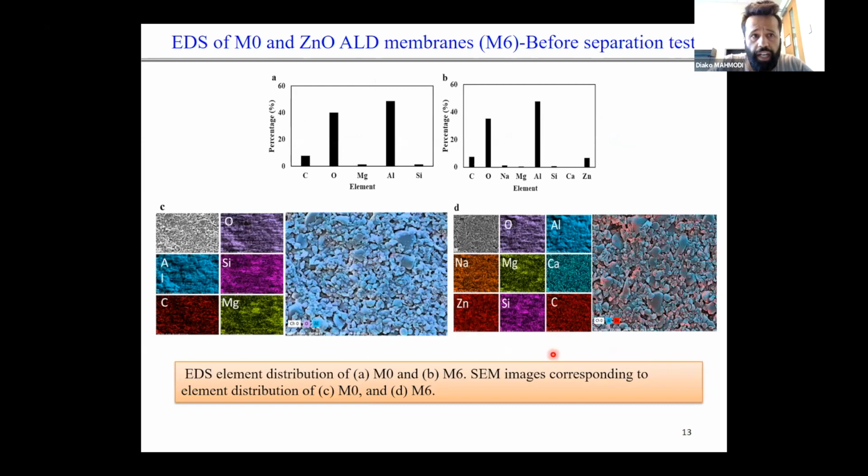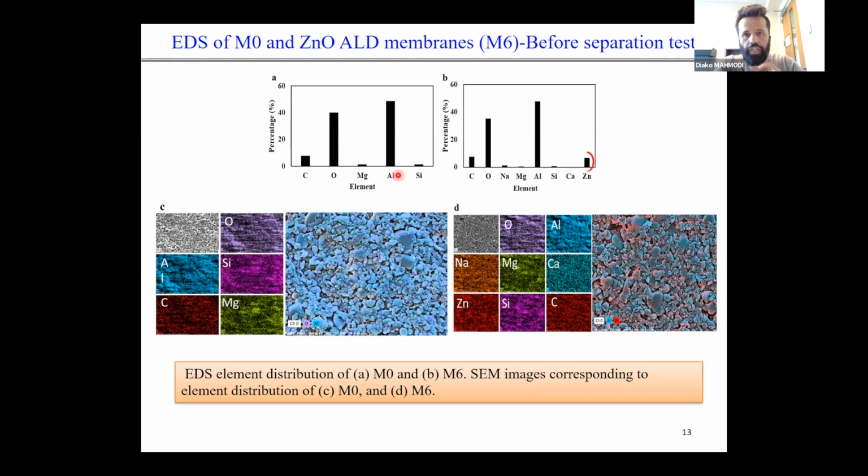Here is the EDS for M0 and M6 before the separation test. On the left side, the EDS beam detected oxygen and aluminum, which is what we expected because alpha alumina has a huge amount of aluminum and oxygen.